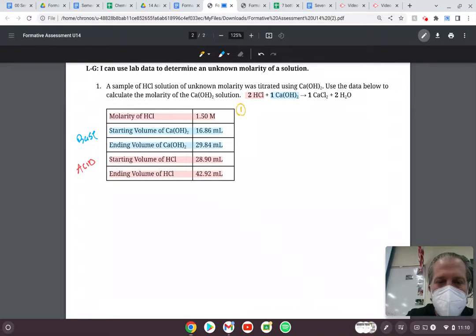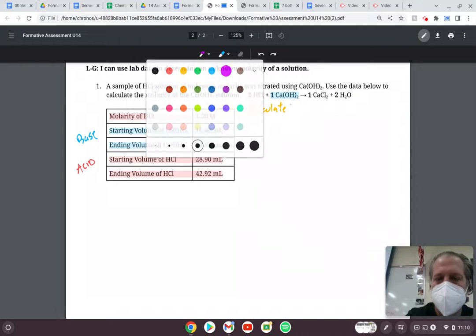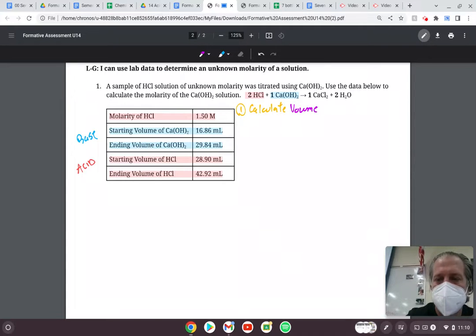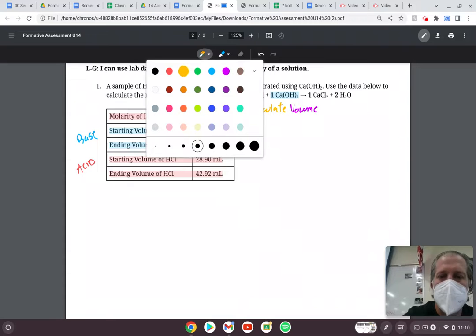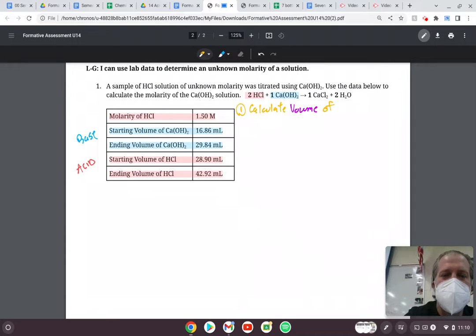So step number one is calculate the volume of the acid and base used.